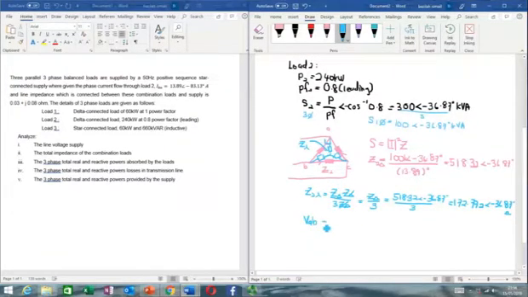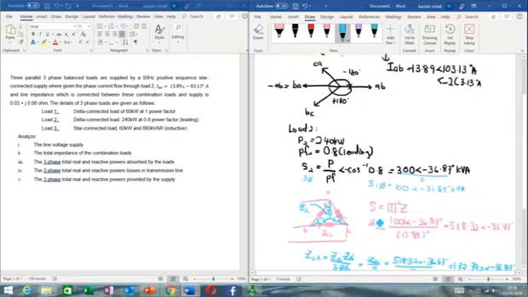VAB is simply Ohm's law, IAB multiplied by Z delta. Be careful, because we want to calculate VAB, we need to use Z delta, not Z star. Z star is actually for the single phase equivalent circuit.